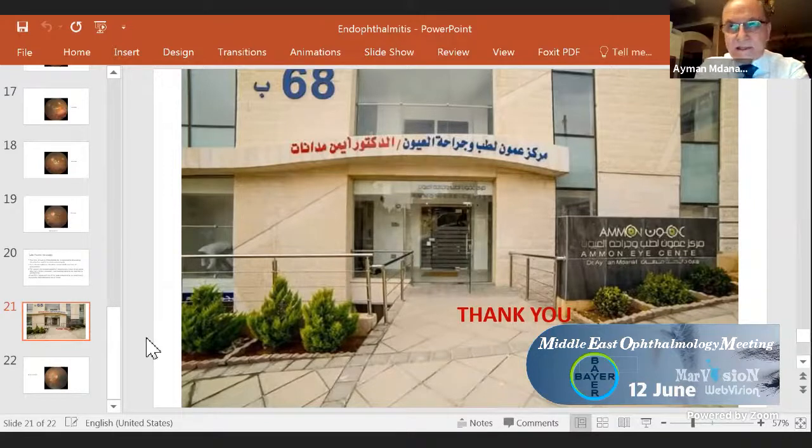In the first case, it was not that difficult a case, although the vision at presentation was counting fingers close, but the retina looked fine. There was no pus under the retina. The vessels and the disc were fine. In these cases, if you want to do posterior vitreous detachment, you can.